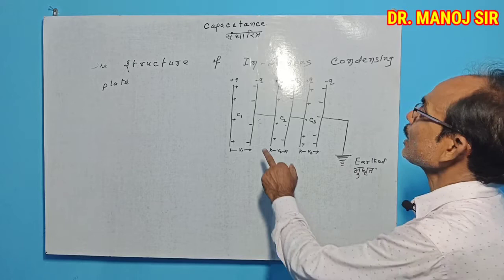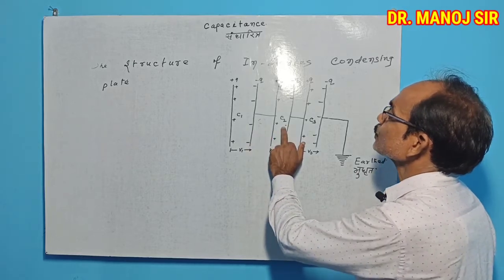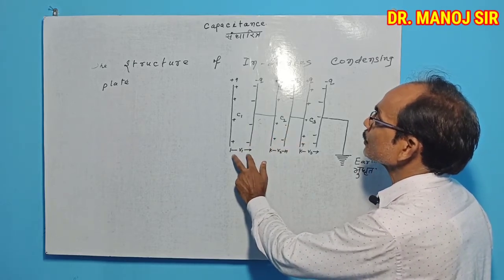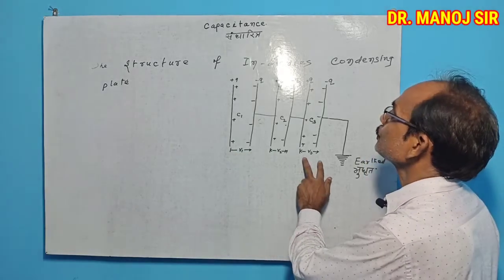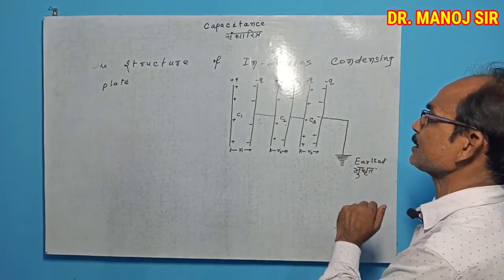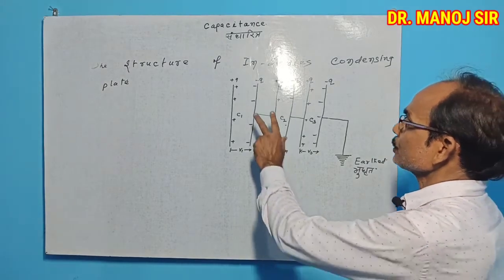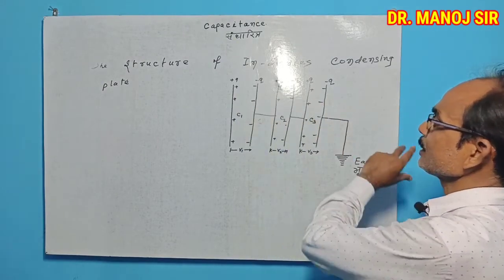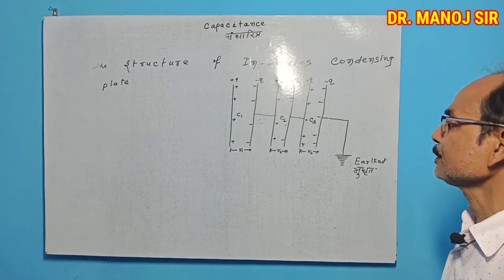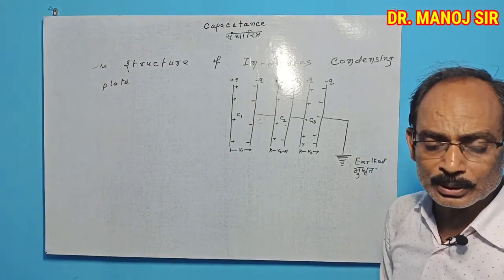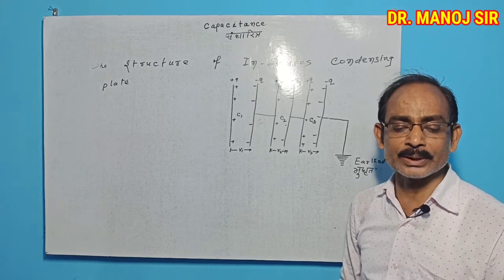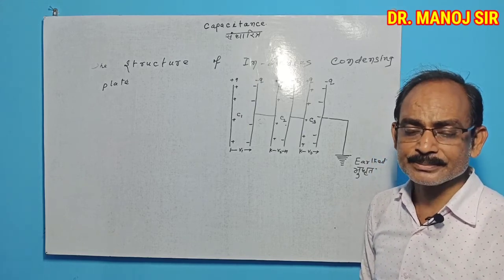The capacitances are also different, so their potential differences differ, because the charge is the same in all the capacitors.